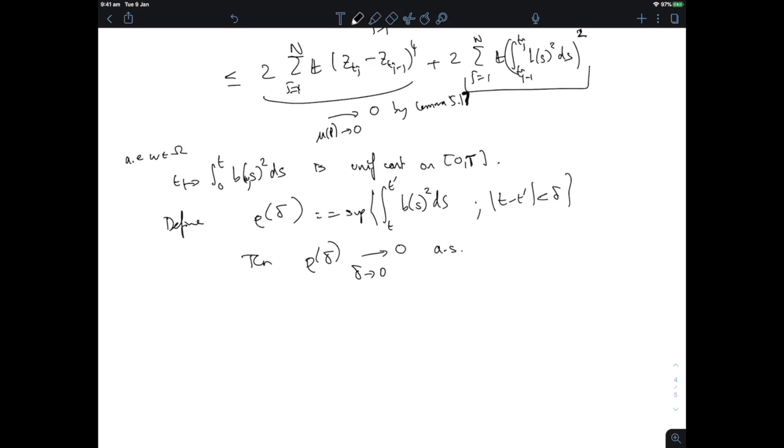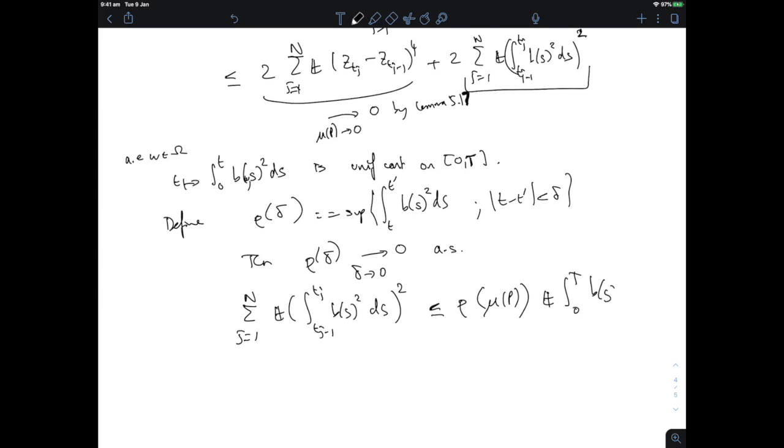Okay, but then what can I say about the sum j equal to 1 to n of the expectation of the integral from tj minus 1 to tj of bs squared ds, all of that squared? Same trick as before, I could control that by rho of the mesh size of p times the expectation of the integral from 0 to capital T of bs squared ds.